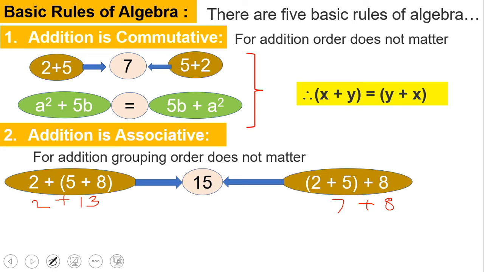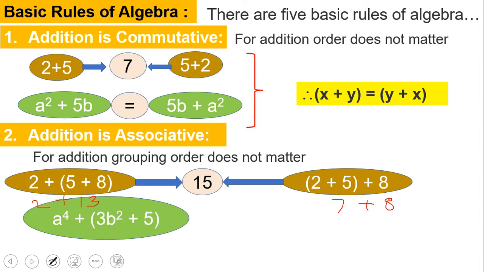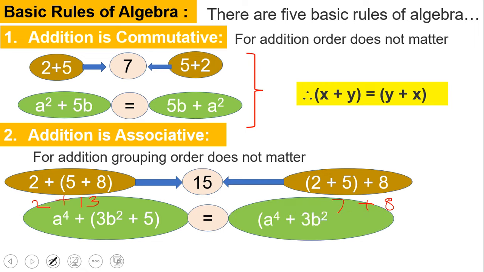So is there any change of the grouping order? No. Okay. Similarly, another example: a to the power 4 plus bracket 3b square plus 5. What is another grouping? A to the power 4 plus 3b square in one bracket, plus 5. Right?